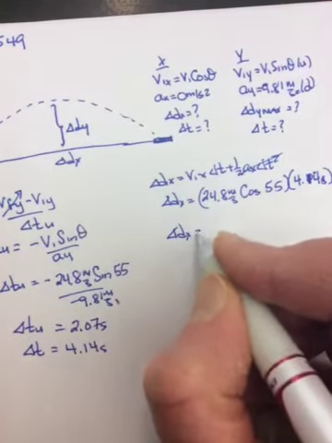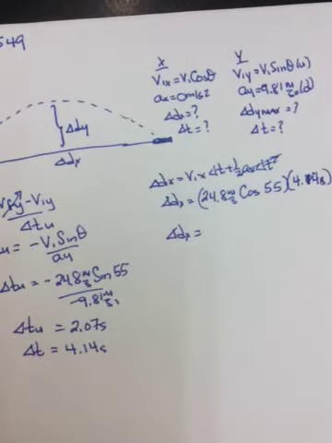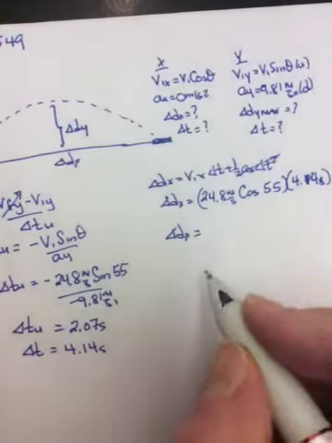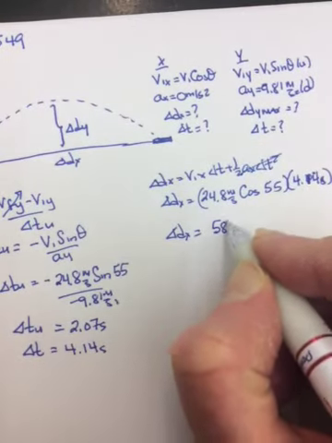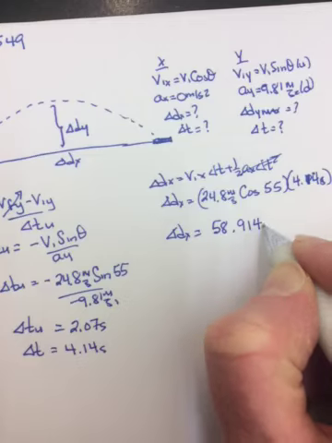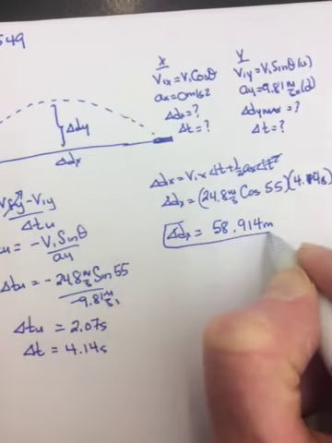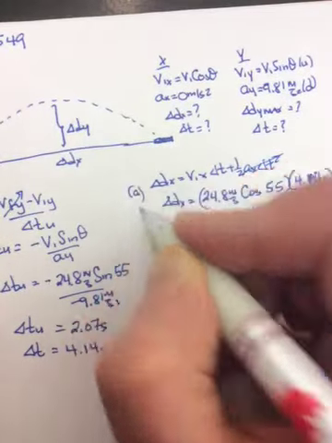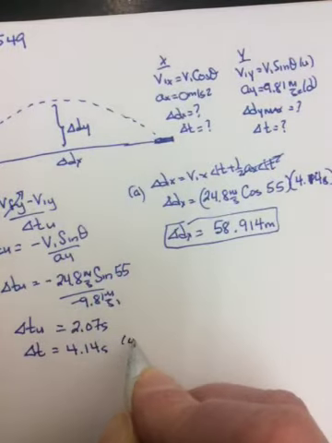So delta dx equals 2 times 24.8 times the cos of 55. I think it's 58.914 meters. Okay? And then the B part, so this was A, this was C.